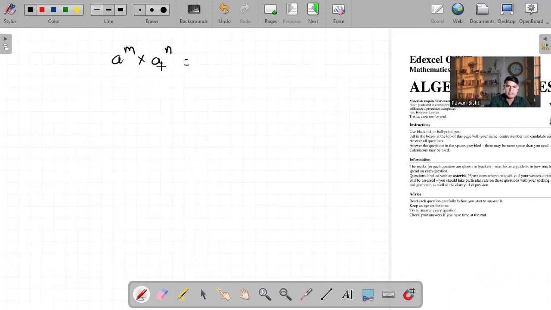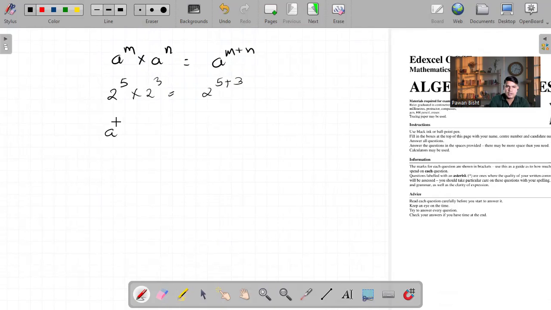Whenever the base is same and there is a multiplication in between, powers will add. For example, 2 to the power 5 times 2 to the power 3. Base is same, power will add, it becomes 2 to the power 5 plus 3.